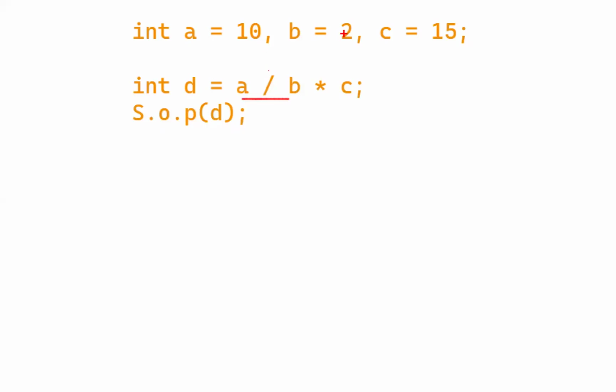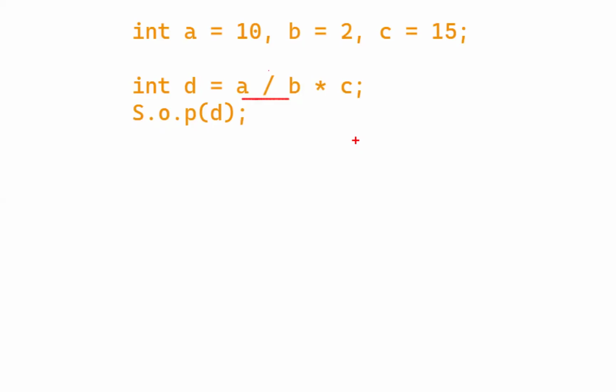10 divided by 2. How much? Does division return the remainder or the quotient? Modulus returns the remainder. Division returns the quotient. 10 divided by 2: 2 fives are 10, remainder 0, but the quotient is 5.